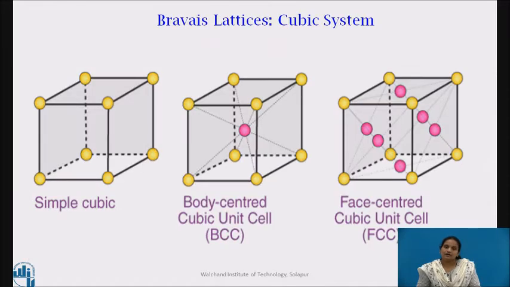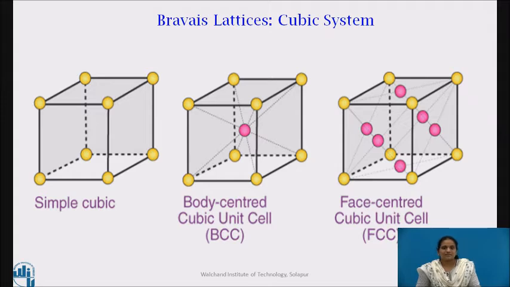Well, a unit cell is characterized by a set of characteristics, that is volume, number of atoms per unit cell, then coordination number, atomic radius, atomic packing factor and density. These parameters can be computed with relative ease for cubic unit cells.